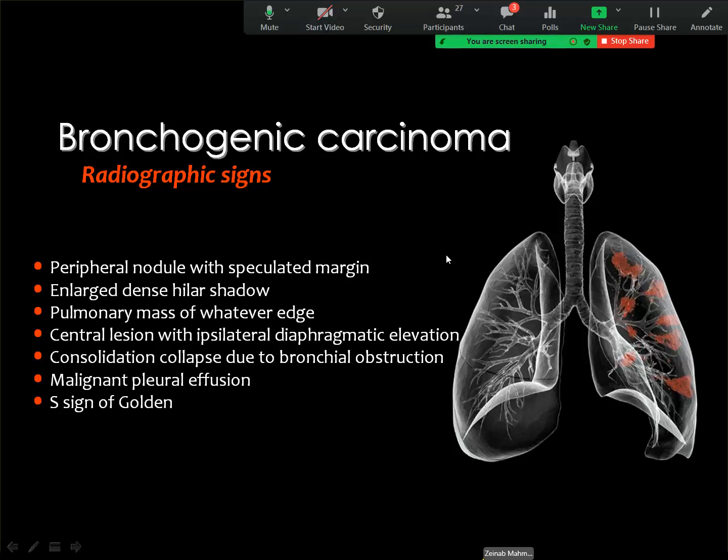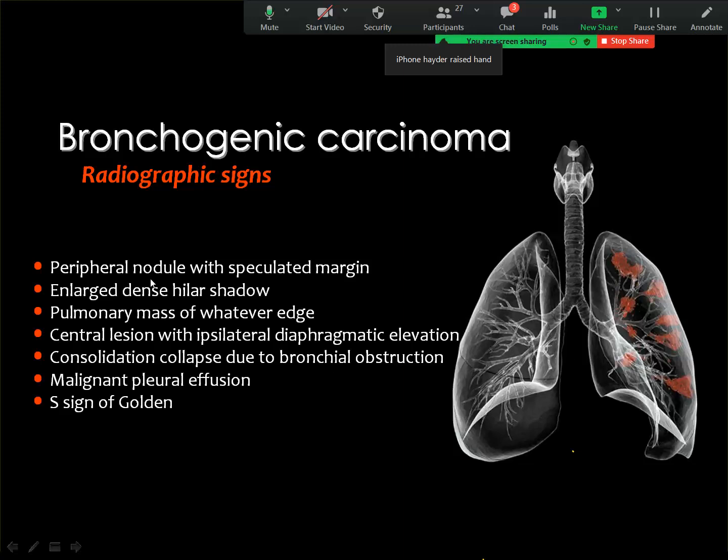Sometimes you are asked about the appearance of a bronchogenic carcinoma in the plain film, and you may be asked, if a patient had a bronchogenic carcinoma, what do you expect to see in the plain X-ray? And these are the findings.